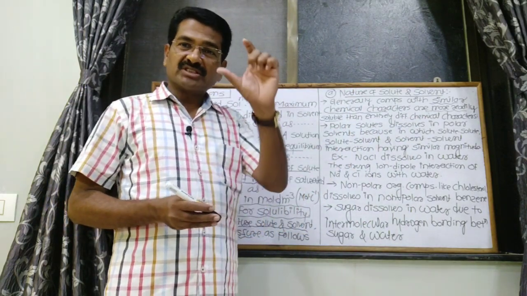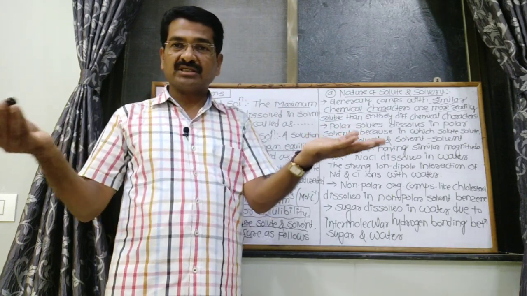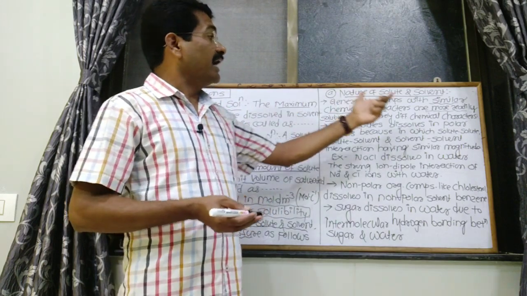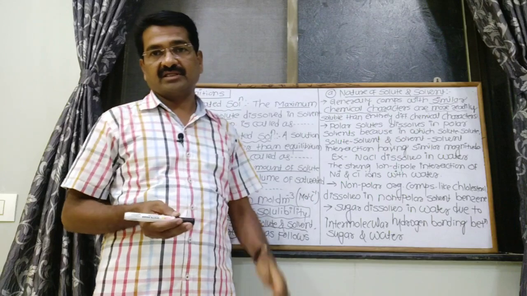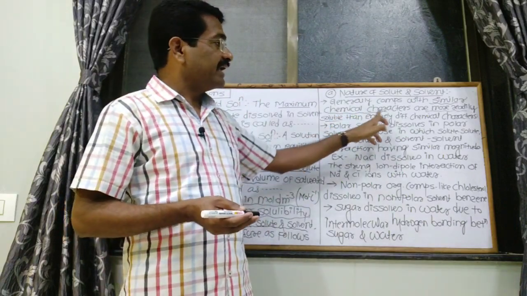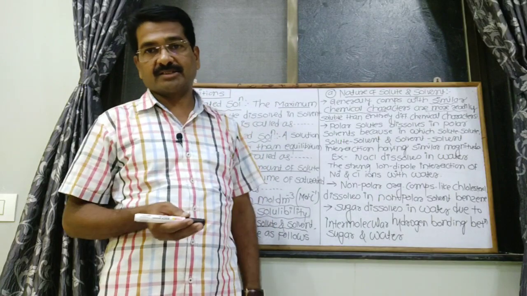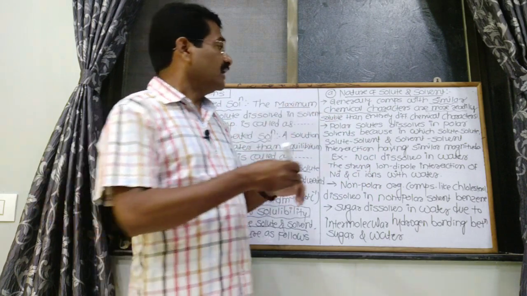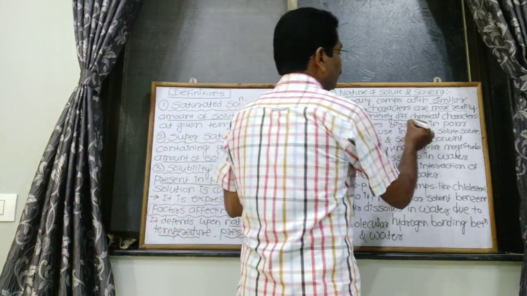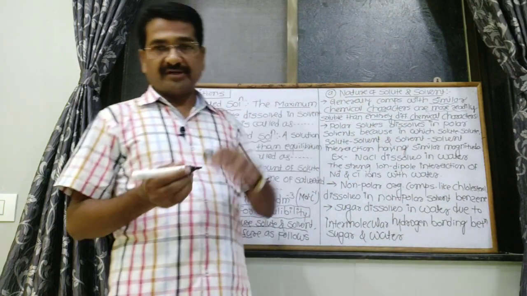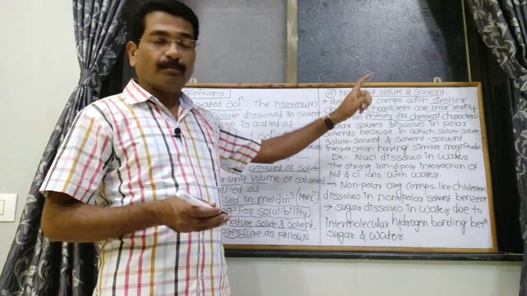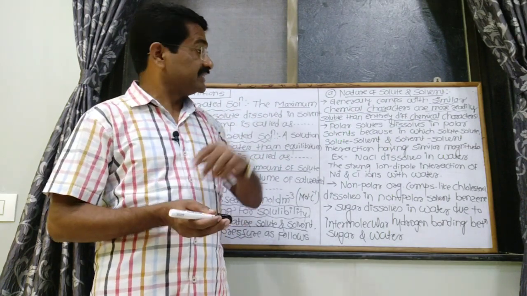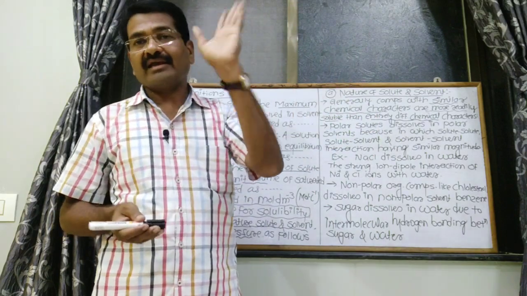Those compounds that show the same or similar chemical characters are readily soluble, rather than compounds having entirely different chemical characters. See again this point. Generally, compounds with similar chemical properties are more readily soluble than those with entirely different chemical characters.